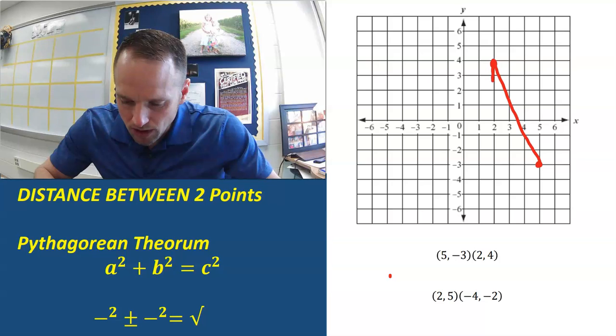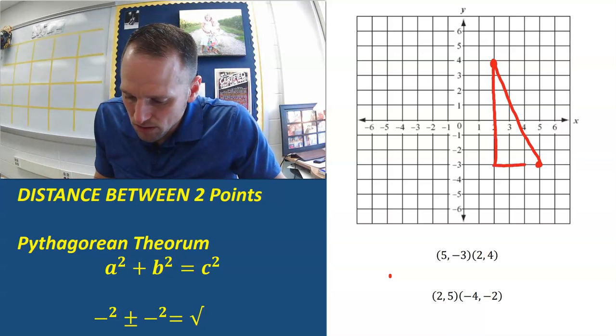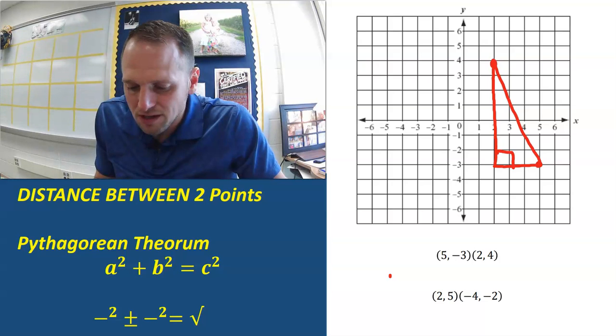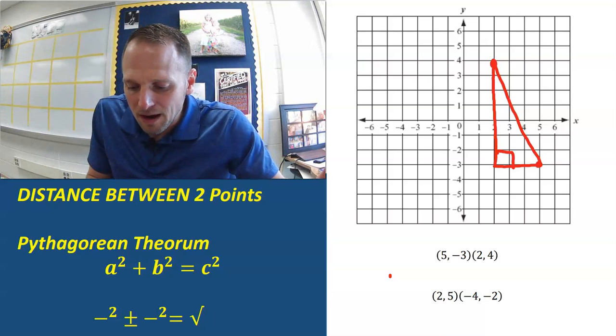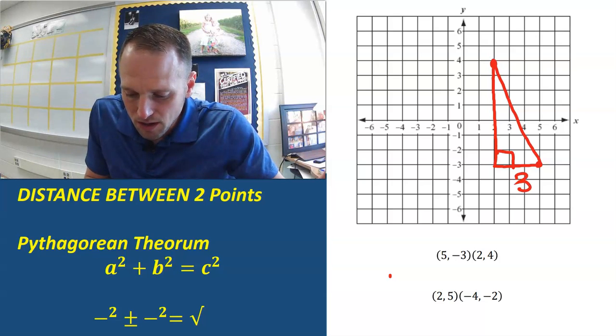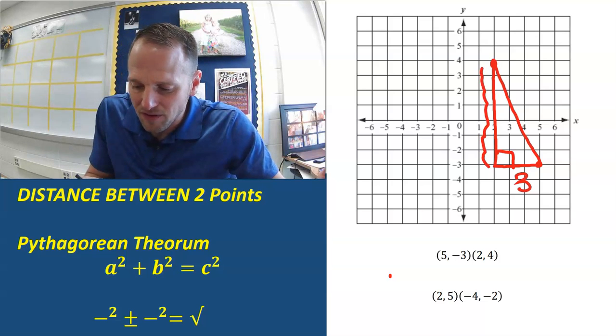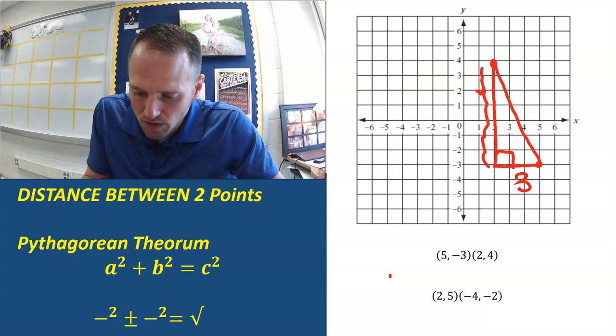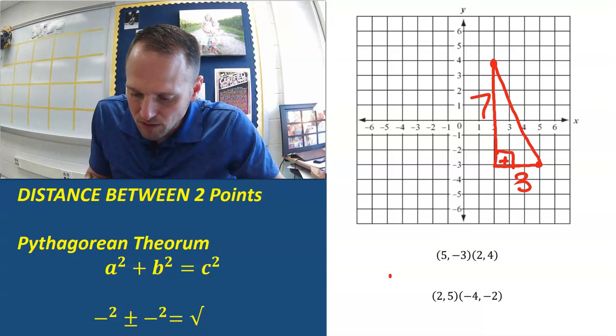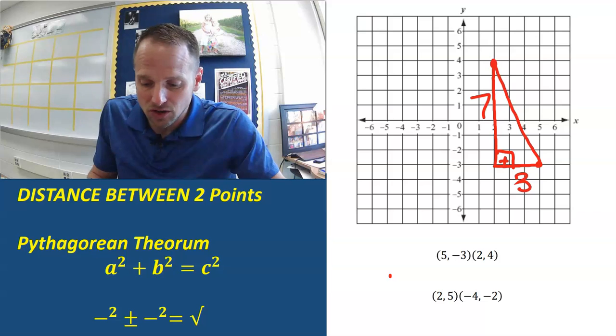So here's what I'm going to do. I'm going to imagine or draw a right triangle here. Again, staying right on those lines. Now I can count those squares. The bottom is 3, and moving up the side, that's 7. This is definitely an addition problem.